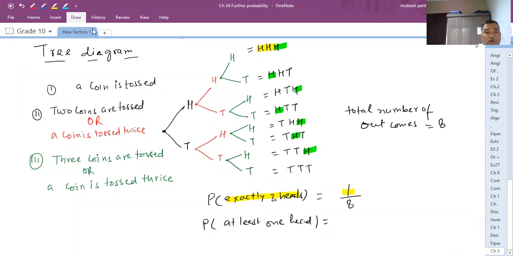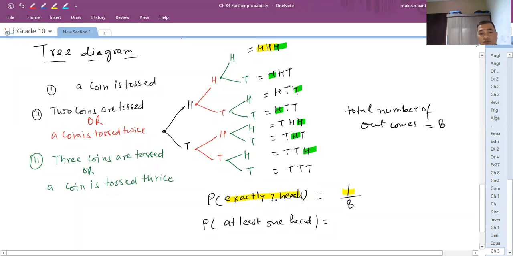How many? 1, 2, 3, 4, 5, 6, 7. There are 7 out of 8. If I ask you the probability of exactly 3 tails, what will you answer? There is only one event out of 8.